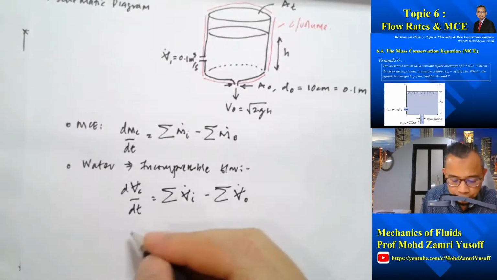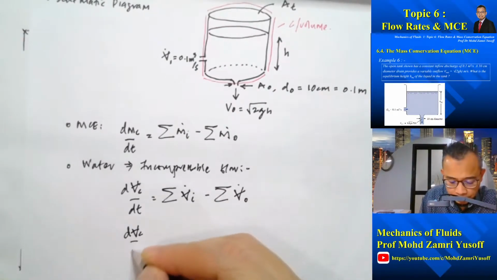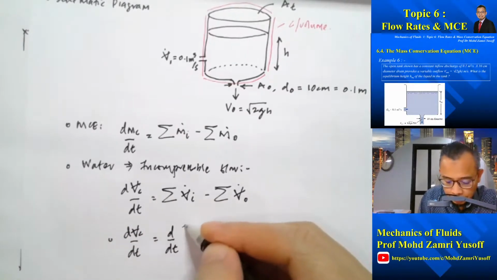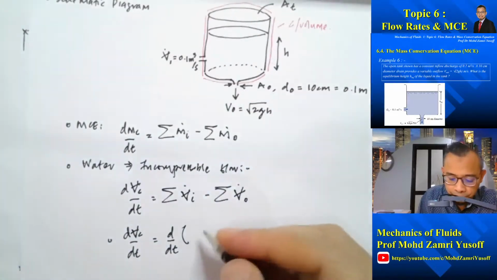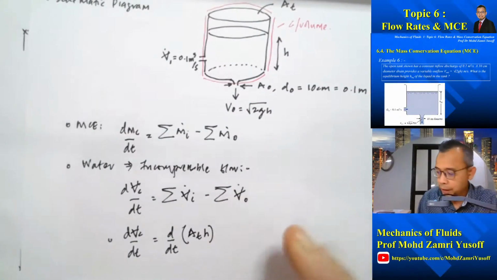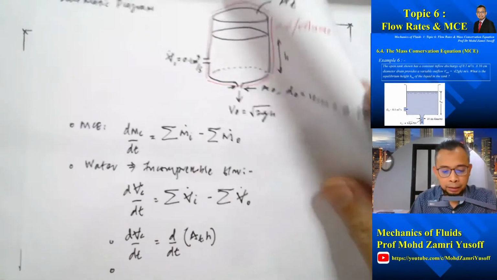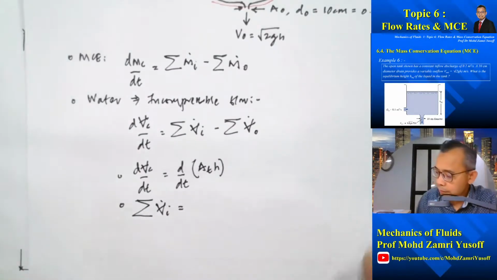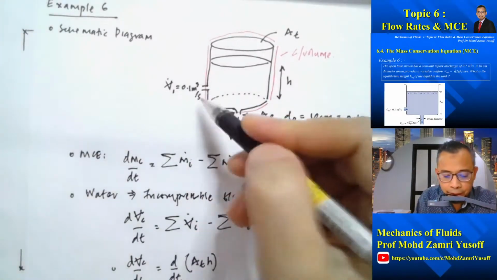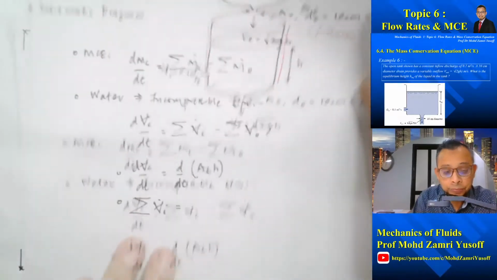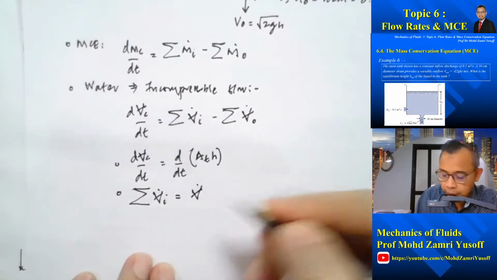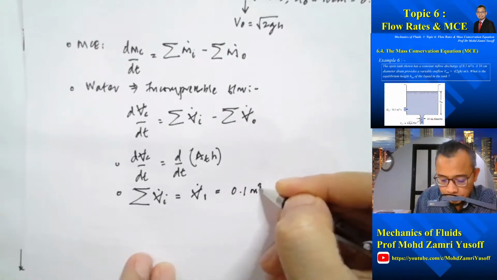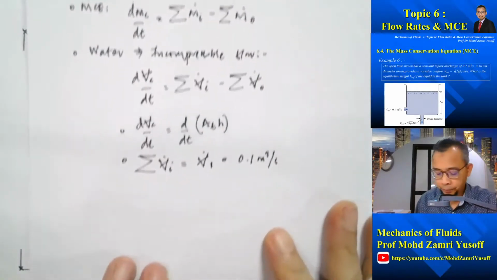So now if you consider each one of these, dVc by dt, this is equal to d by dt of the volume, and the volume is equal to AT multiplied by H, right? And then the volume flow rate in, we only have one inlet here, is equal to V dot 1, and that is given as 0.1 meter cube per second, right?